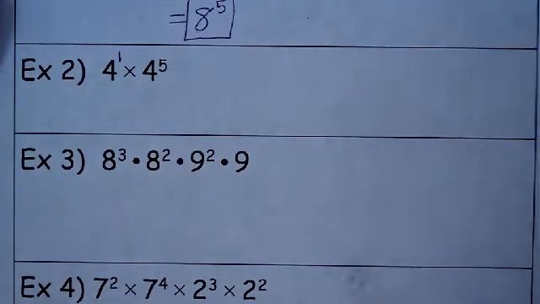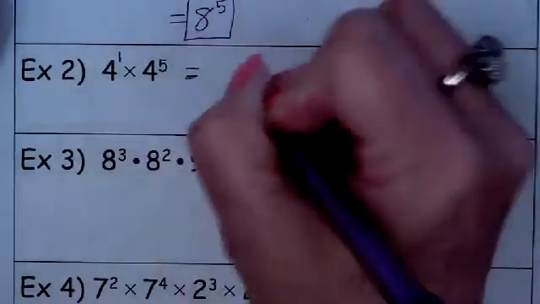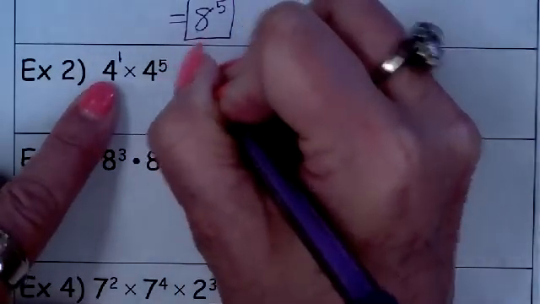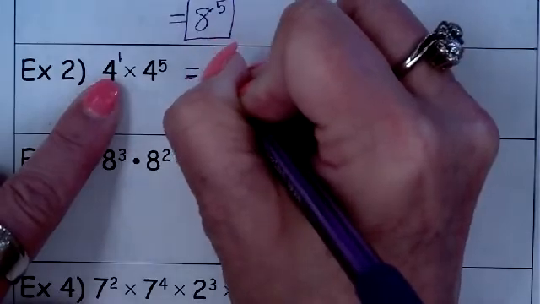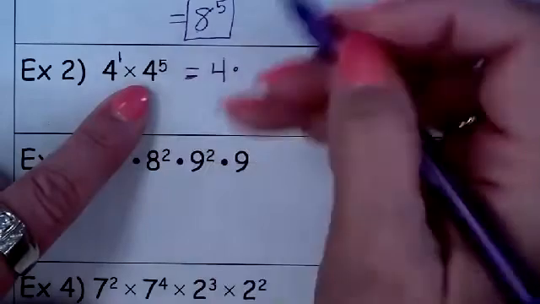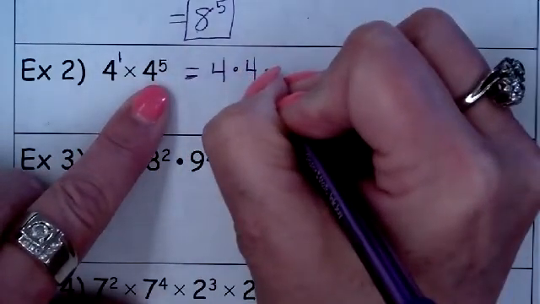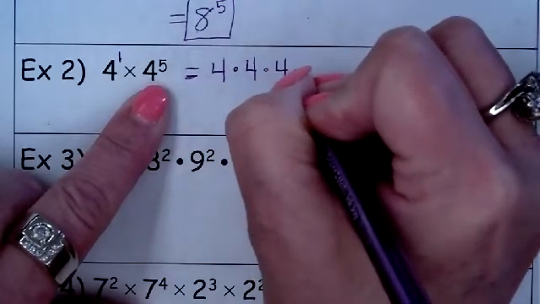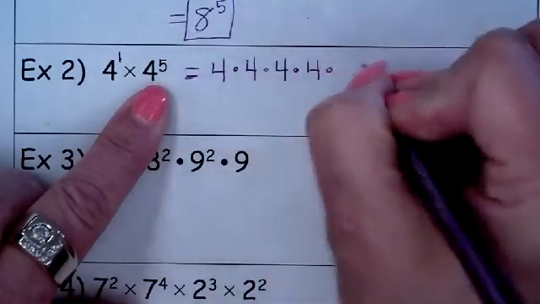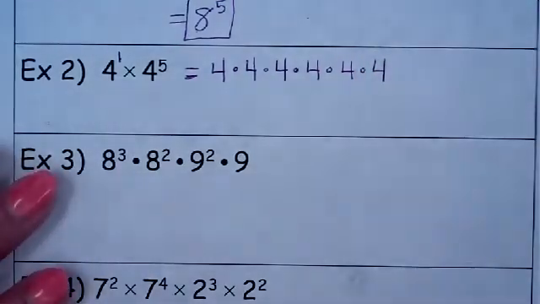Now, remember 2 steps. First step is to expand. Well, if I expand 4 to the first power, that only means 1 4. That's it, okay? But 4 to the 5th means I'm going to write 5 4s and I'm going to put a multiply sign between them. So there's 1, 2, 3, 4, and 5, okay?